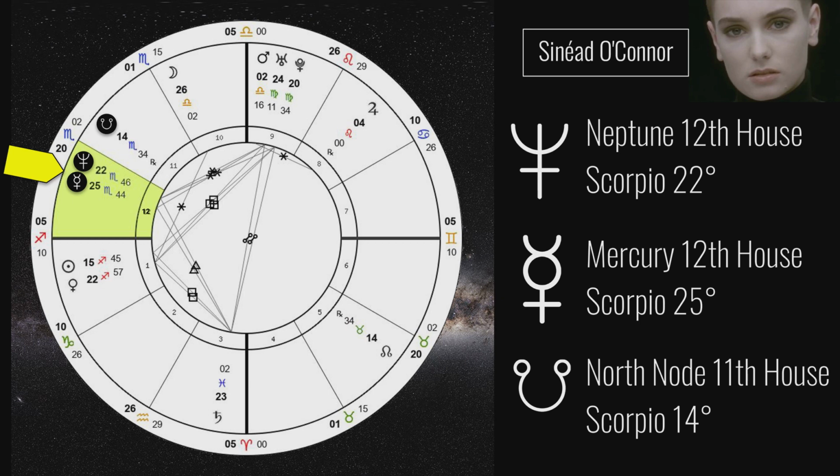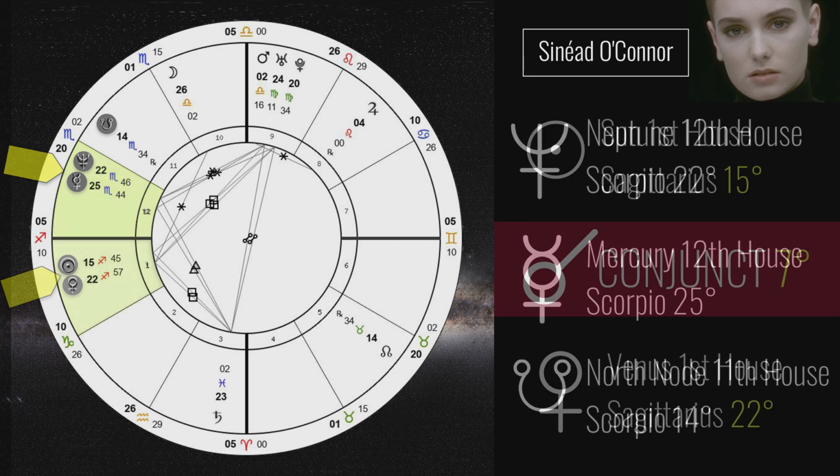So that would be the most important, the most significant aspect. Two planets are right next to each other. They are linked energetically, so their energies are going to be blended in some way, where one carries the energy of the other and vice versa.